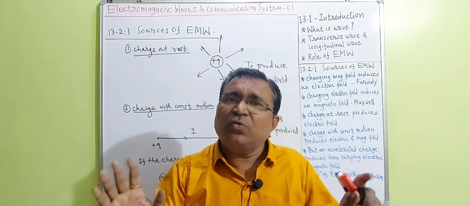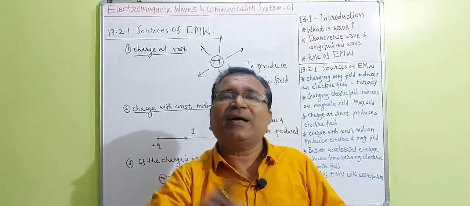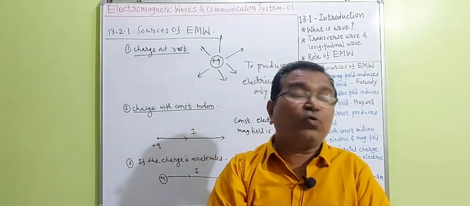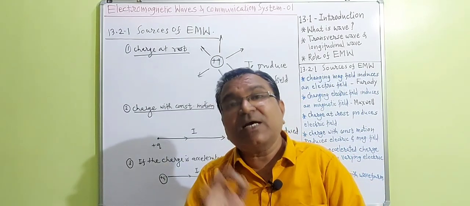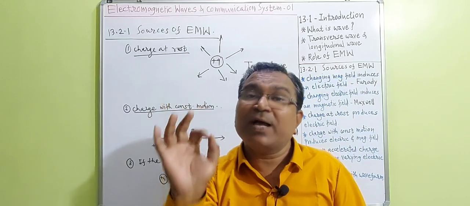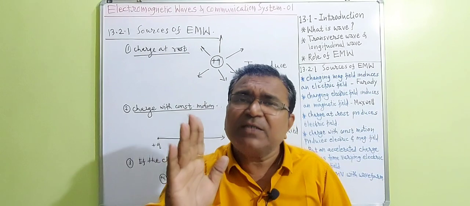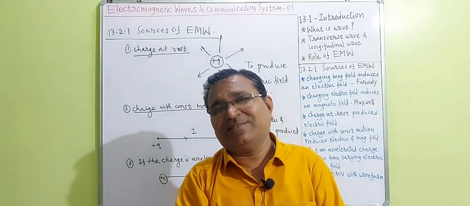And we know in all the cases electric field and magnetic field are perpendicular to each other. And to produce electromagnetic wave, time varying electric field and time varying magnetic field is necessary. Remember this sentence up to the end of your education.